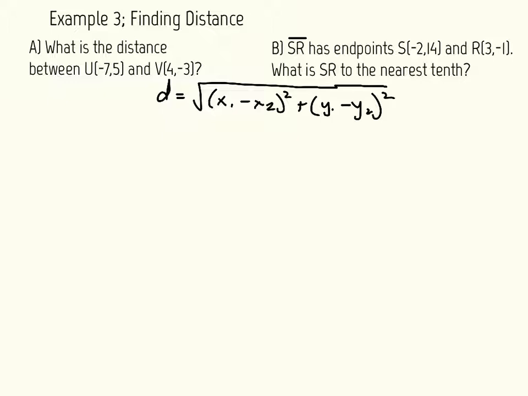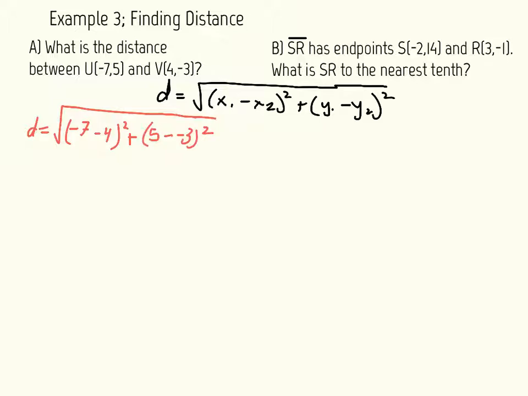For this first one, it says what is the distance between U, which is negative 7, 5, and V, which is 4, negative 3. So my distance is going to equal the square root of negative 7 minus 4 squared plus 5 minus negative 3 squared.